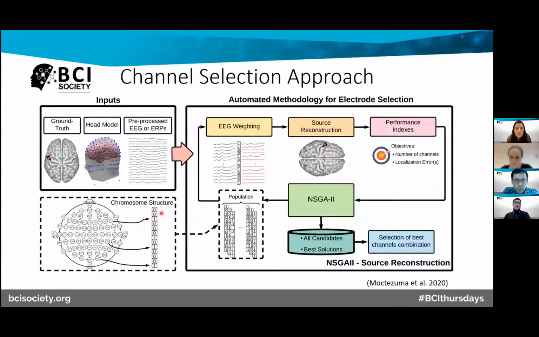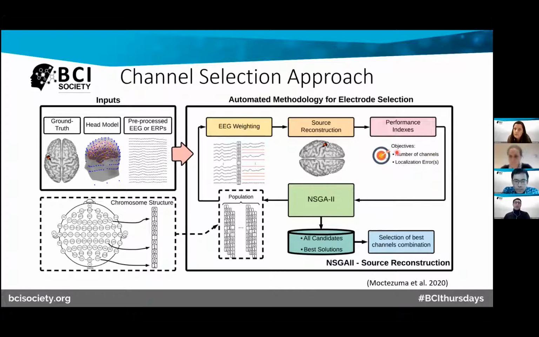If the gene is 0, then the channel won't be used for source reconstruction, and if it is 1, the information of that channel will be used during source reconstruction. We set two objectives: to minimize the number of channels, using the lowest number of channels possible, while also minimizing the localization error.